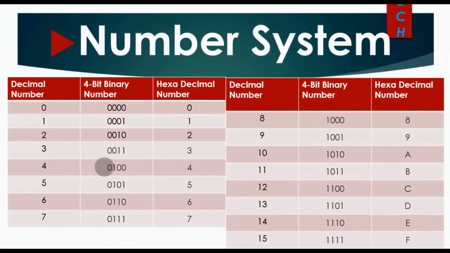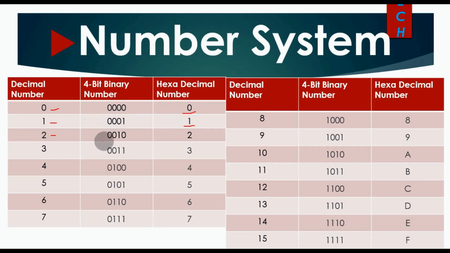Now let's see how a hexadecimal number can be represented in terms of the decimal number system and in terms of the 4-bit binary number system. For decimal 0, the 4-bit binary is 0000, and in hexadecimal it is 0. For 1 it is 0001, here it is 1.